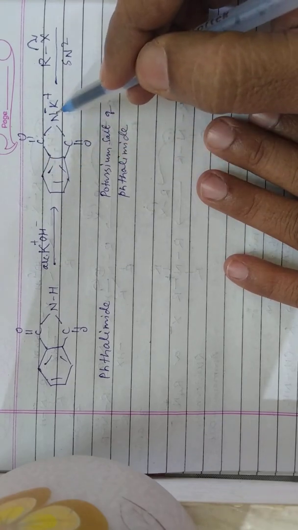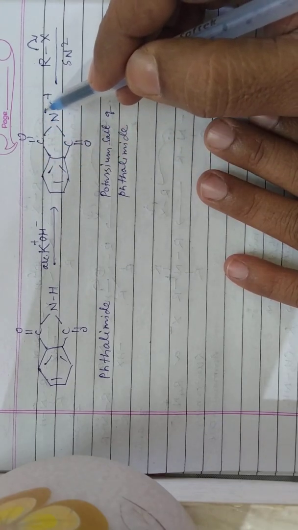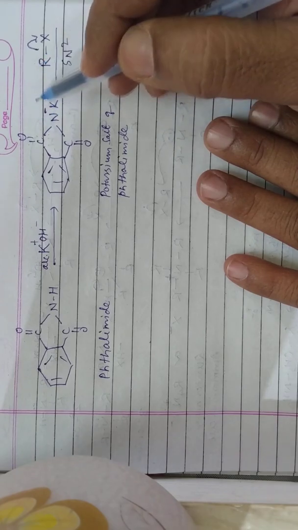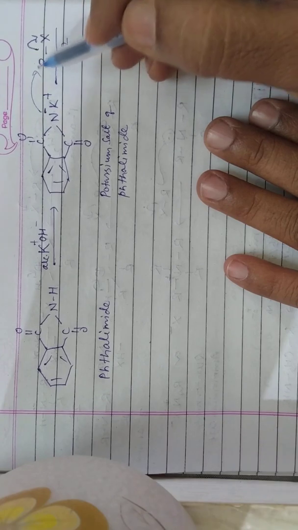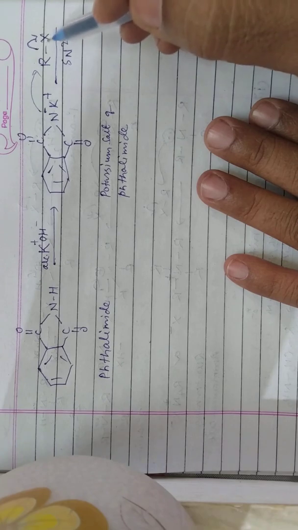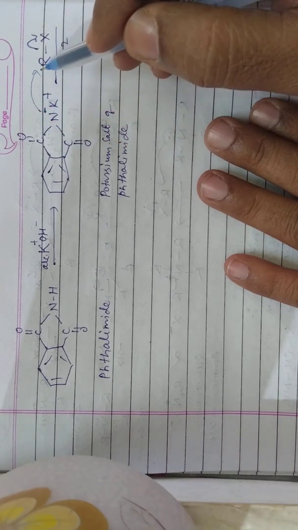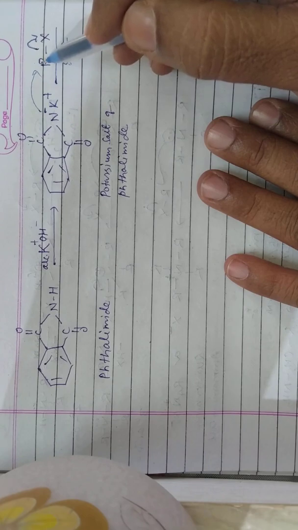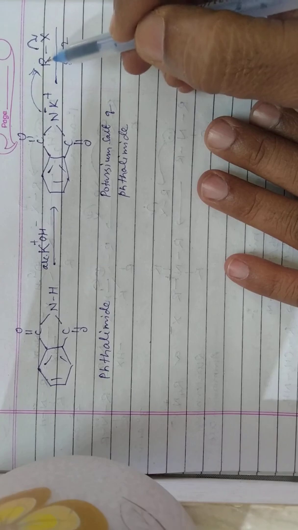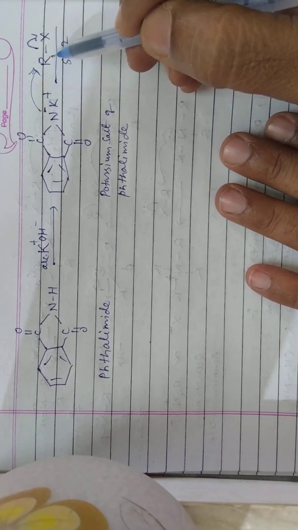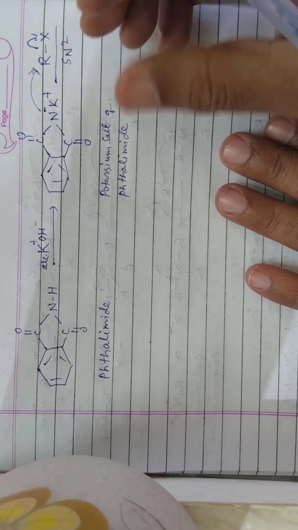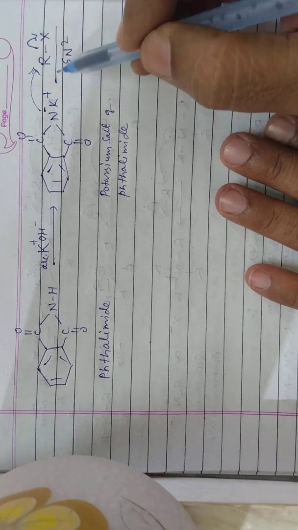Here the nitrogen of the phthalimide anion is negatively charged. This will attack the alkyl group. So removal of the halide ion and attack of this phthalimide anion will take place simultaneously. So nucleophilic substitution takes place through a transition state. It is SN2 mechanism because the rate of reaction depends on two molecules.